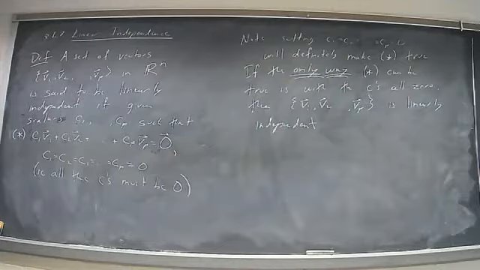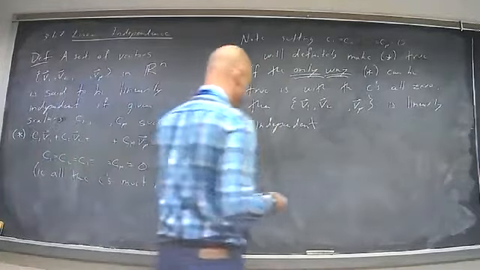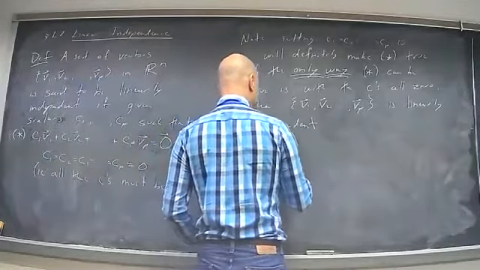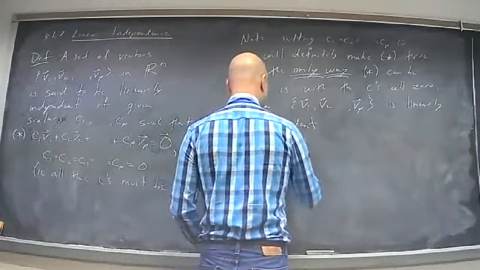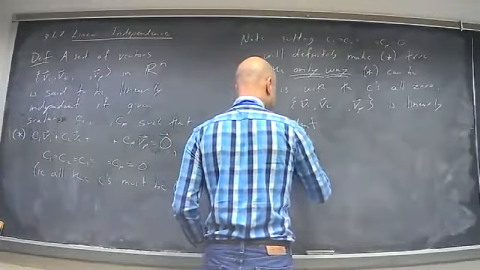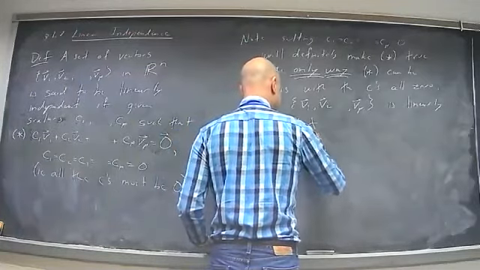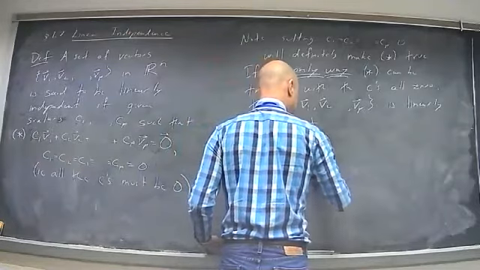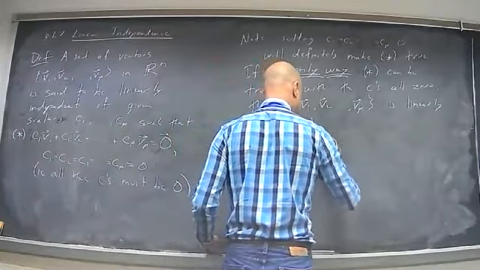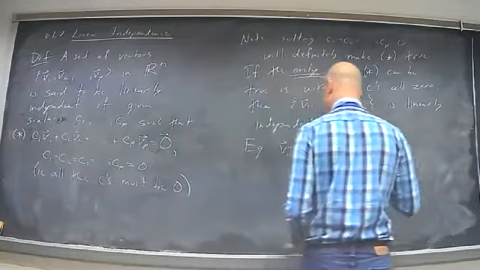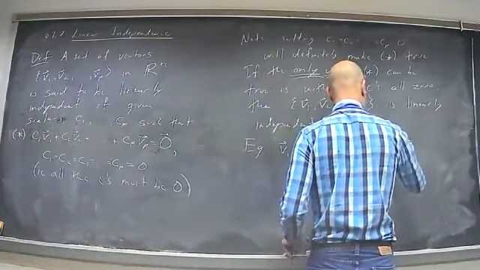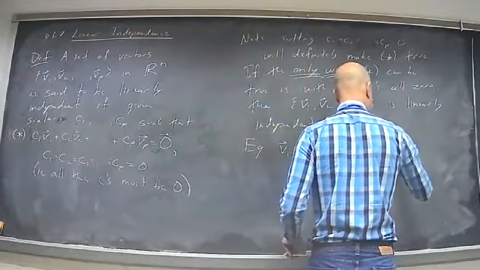Let me give you some examples to get a feel for what's going on here. Let's say v1 equals the vector 1, 2, 3, and v2 is the vector 2, 4, 6.